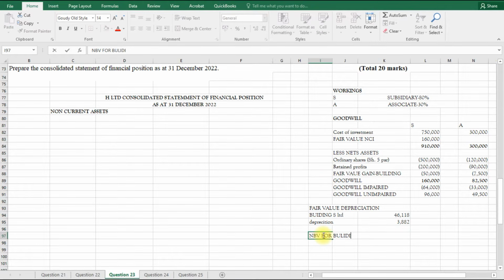NBV for building of A Limited. So for A Limited, the fair value was 25,000, and I will multiply by 1 minus 0.02, I close the bracket, raised to power.